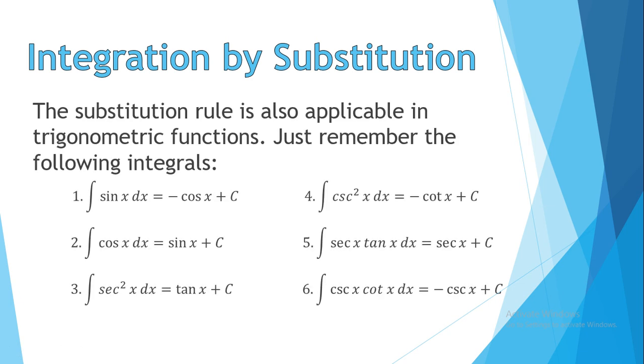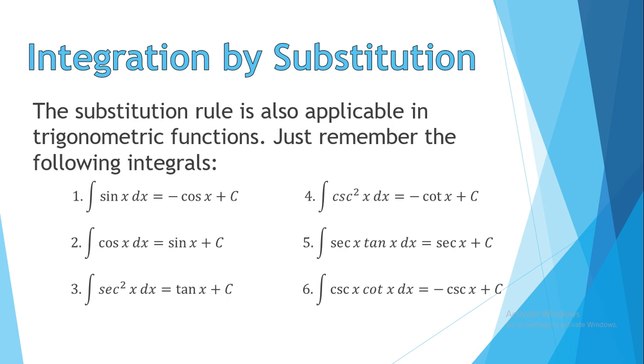Number 1, integral of sine x dx is equal to negative cosine x plus c. Number 2, integral of cosine x dx is equal to sine x plus c. Number 3, integral of secant squared x dx is equal to tan x plus c.